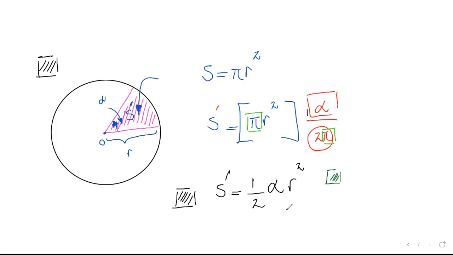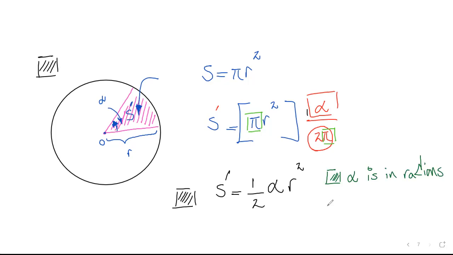Then there are 2 things to mention here. The first thing, alpha is in radians. Remember that this is extremely important. If you have it in degrees, it's too bad.